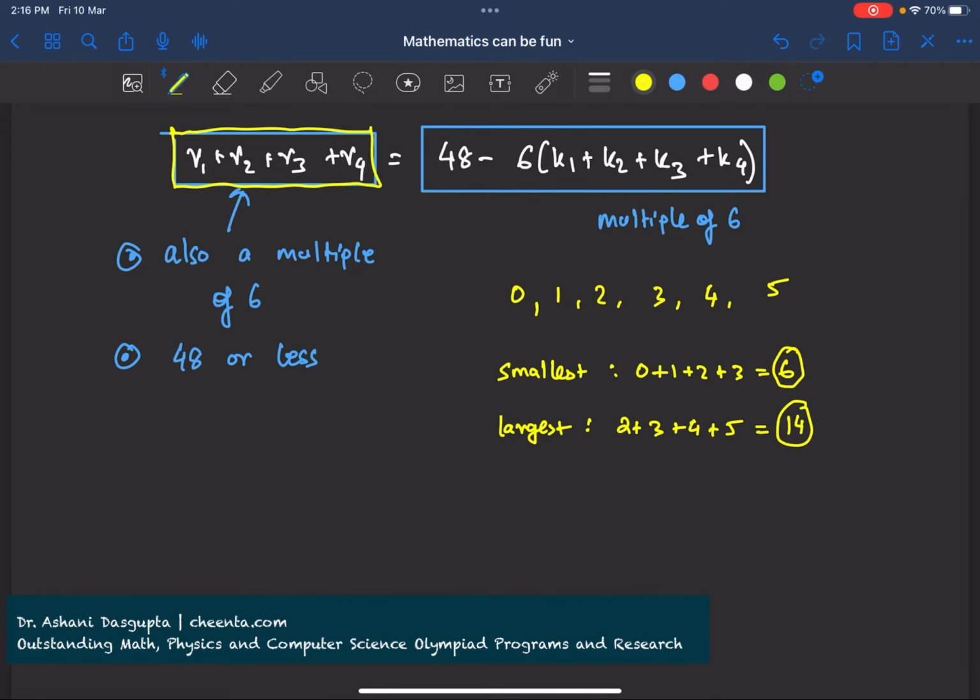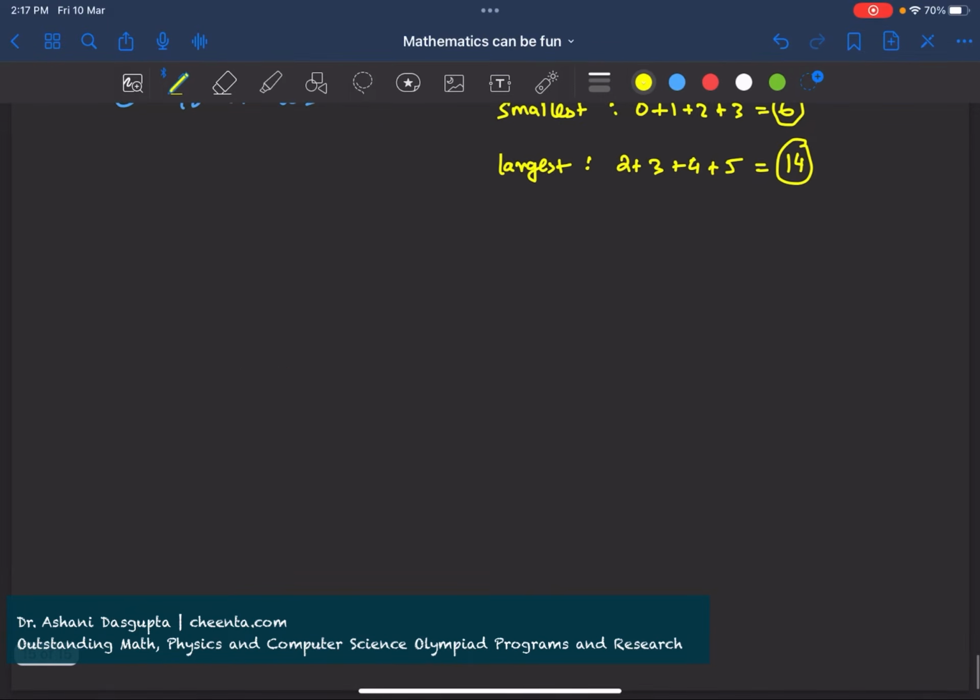right? But we also want them to be a multiple of 6. So there are exactly 2 possibilities for the sum of R1 plus R2 plus R3 plus R4. And here starts the casework. Case 1, R1 plus R2 plus R3 plus R4 is equal to 6.